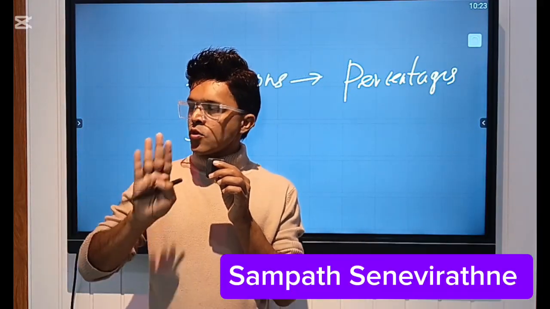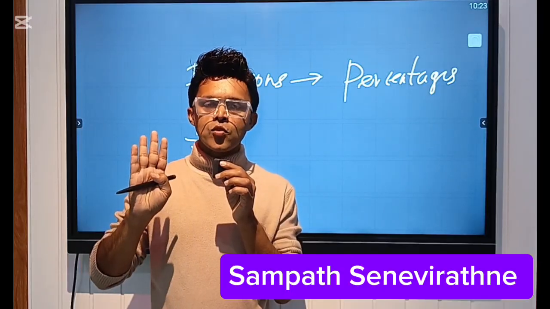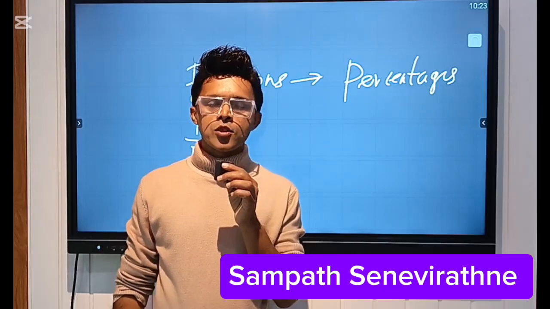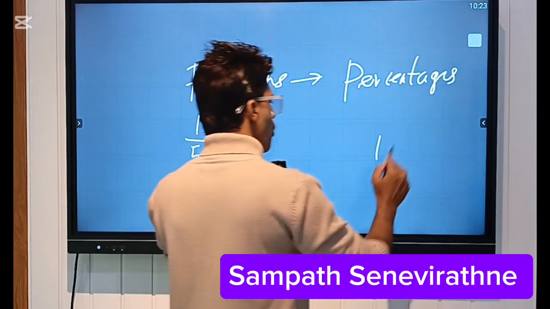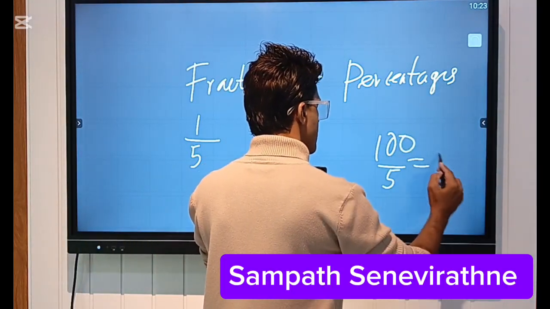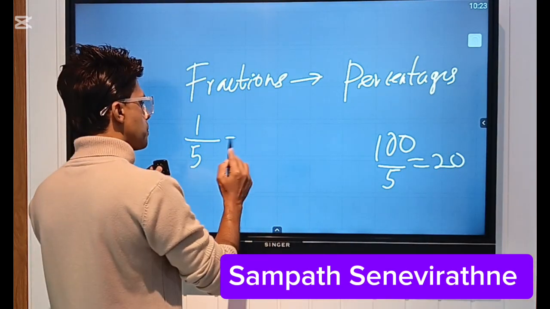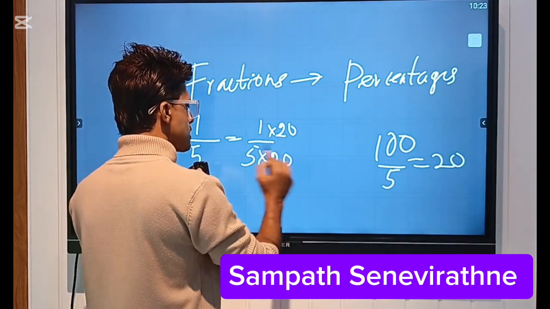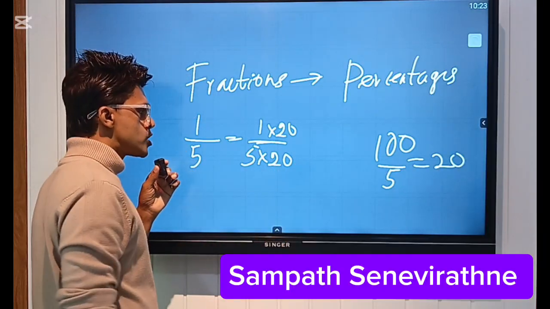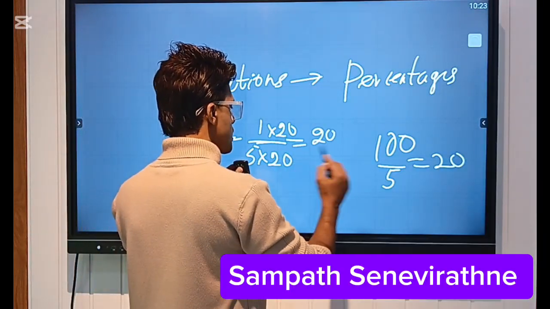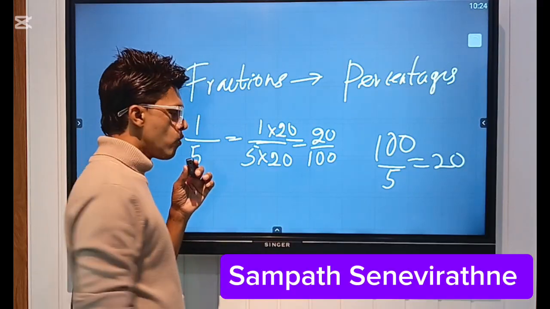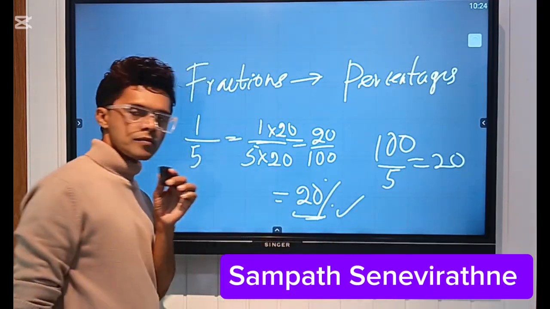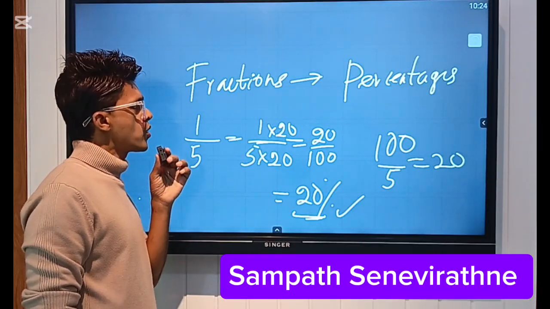To get 100 in the denominator, multiply both the denominator and the numerator by 20, since 100 over 5 is 20. So 1 times 20 is 20, giving 20 over 100, which means 20%.